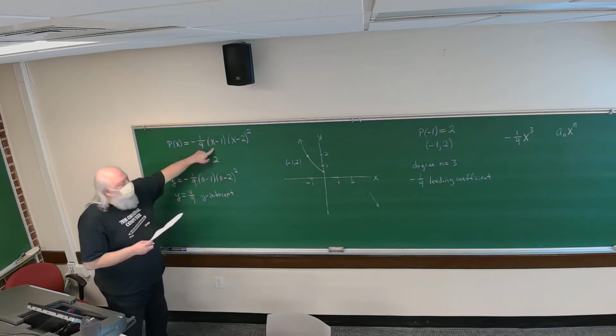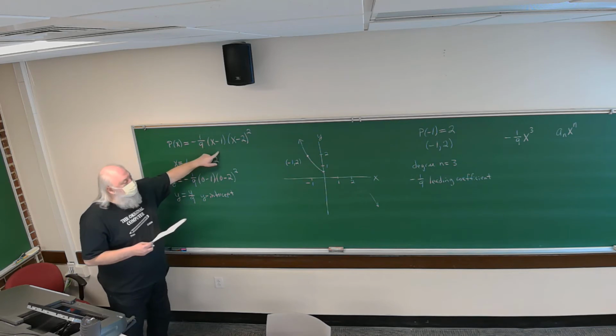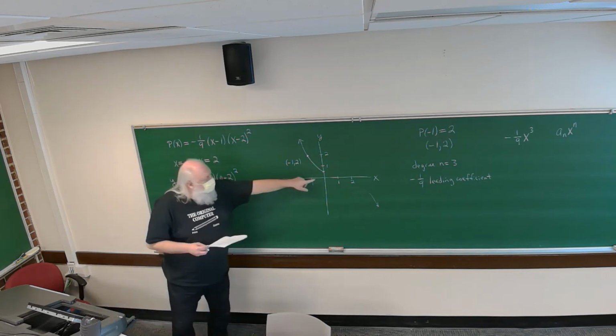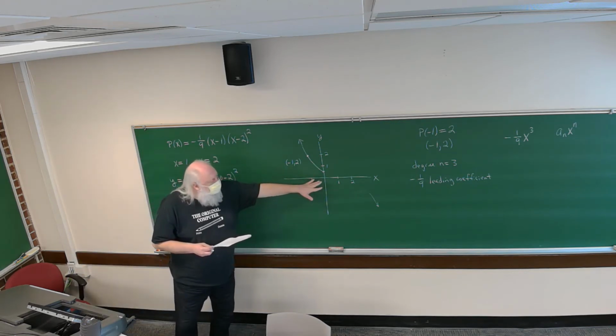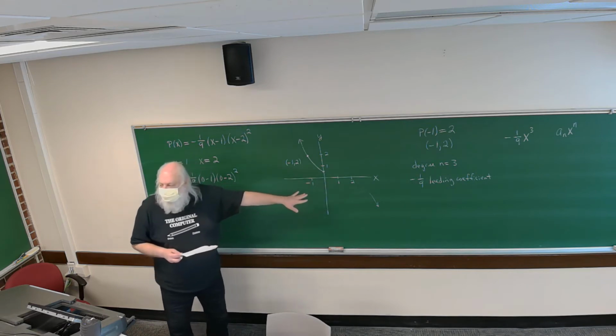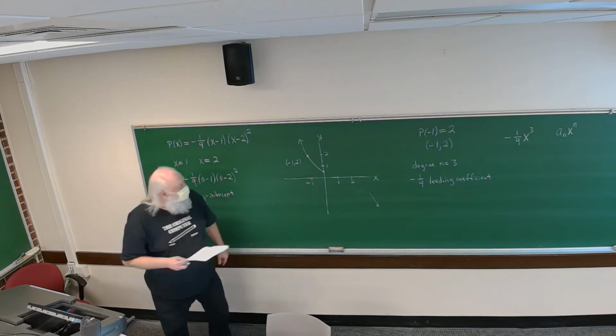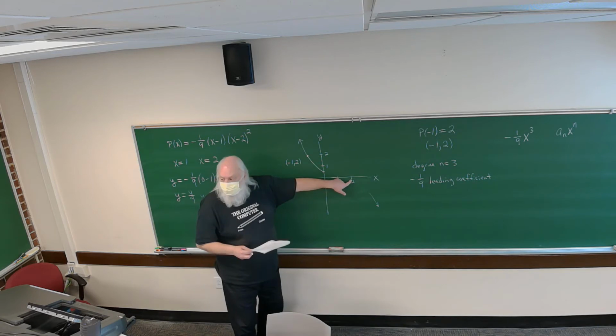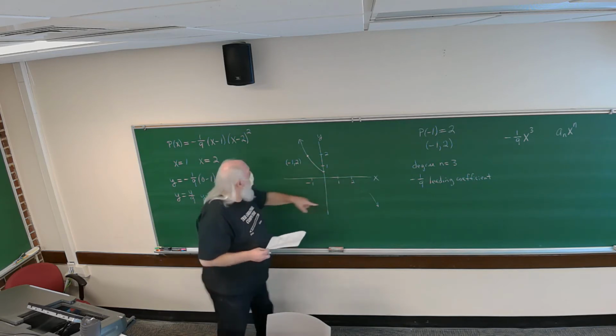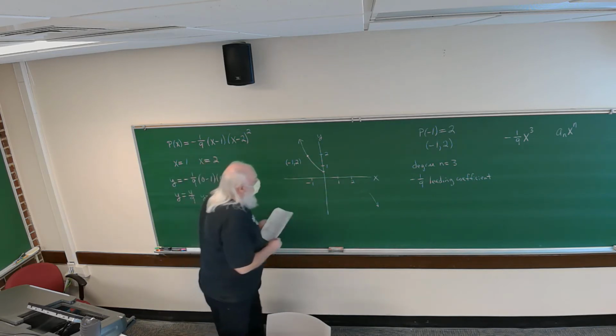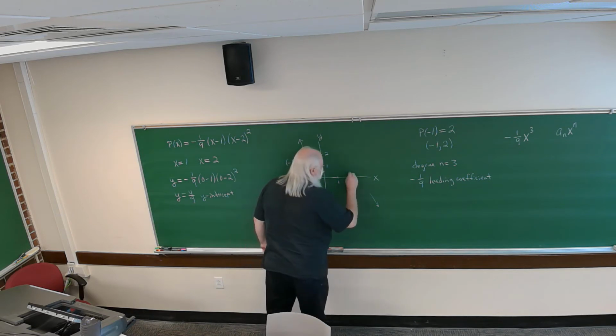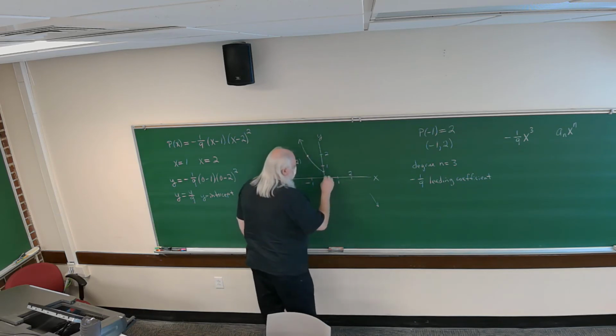And at x equals 1, the multiplicity is 1. So does the graph cross the x-axis at x equals 1, or does it touch and turn? Crosses. And what about at 2? Touch and turn, because the multiplicity is even. So this isn't going to be perfect.